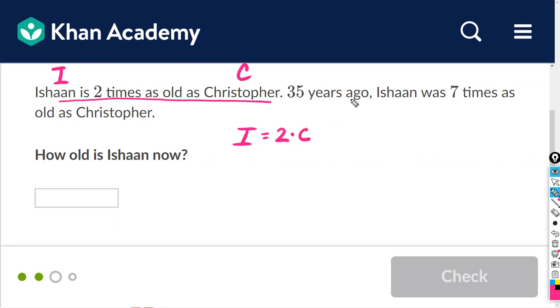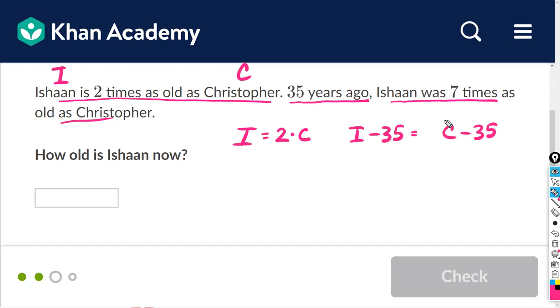Okay, 35 years ago, Ishaan was 7 times as old as Christopher. So we're going to subtract 35 from both of these. All right. So we have I minus 35. And we have C minus 35. Okay, so this was 35 years ago in both cases. And it says Ishaan was 7 times as old.